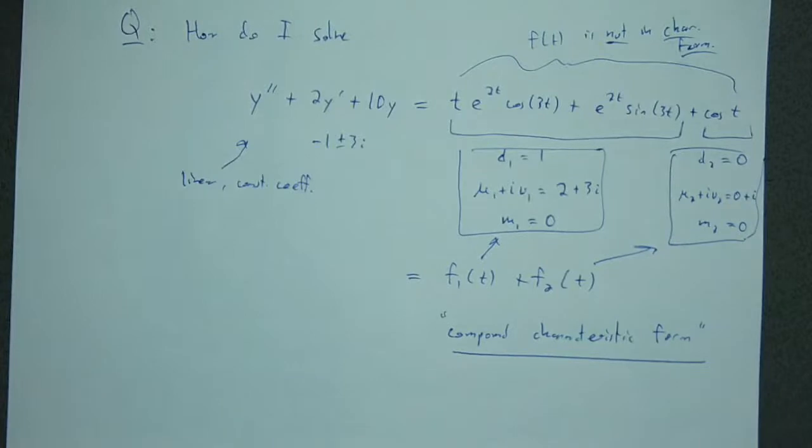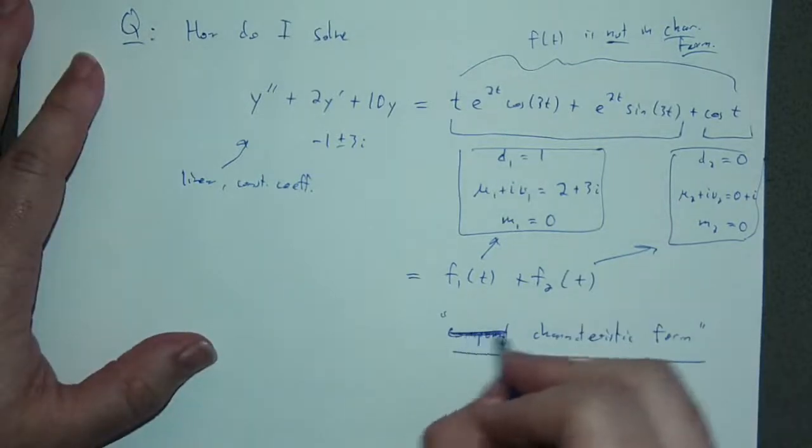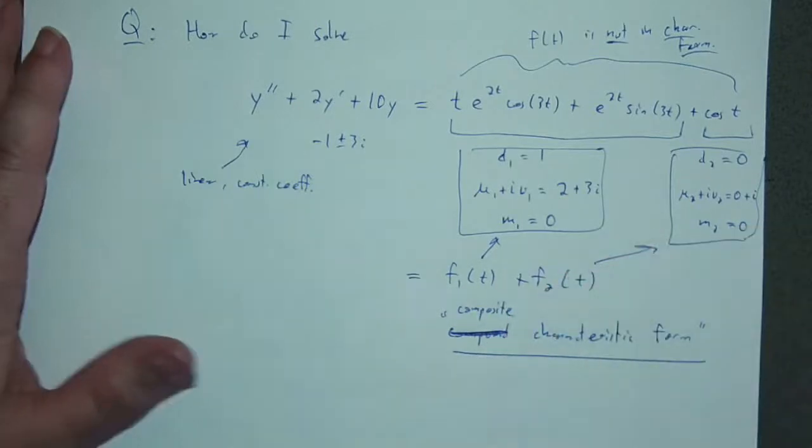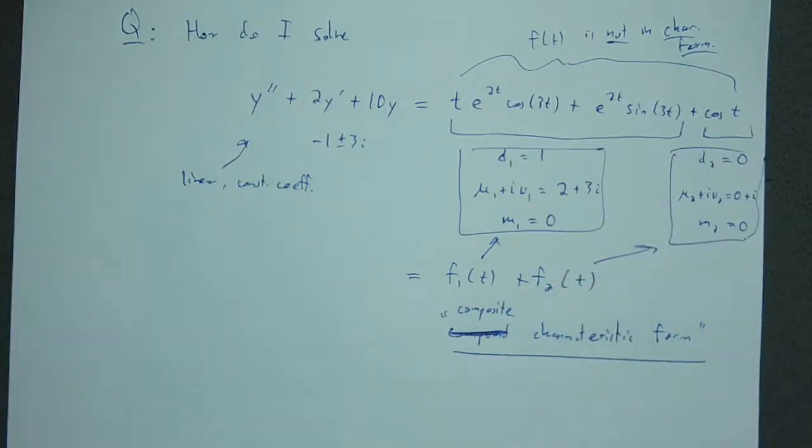I believe that's what he calls it in the textbook. Let me just check that name. Composite characteristic form. I knew it was something similar. So composite will stay consistent with the textbook. So this is called composite characteristic form.